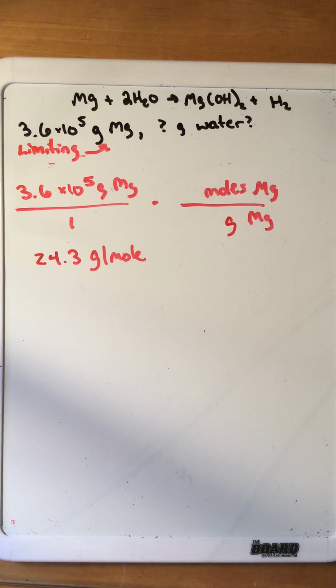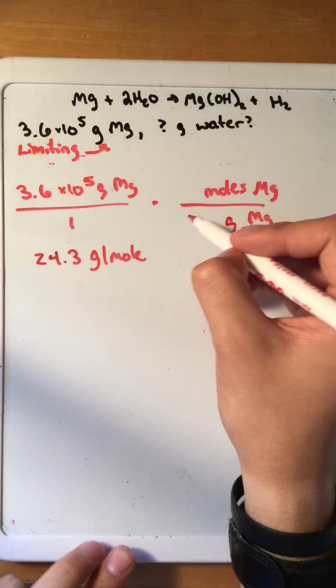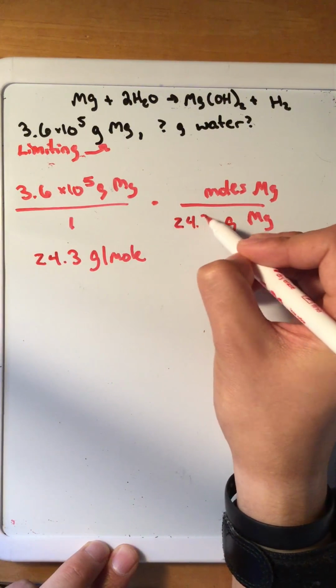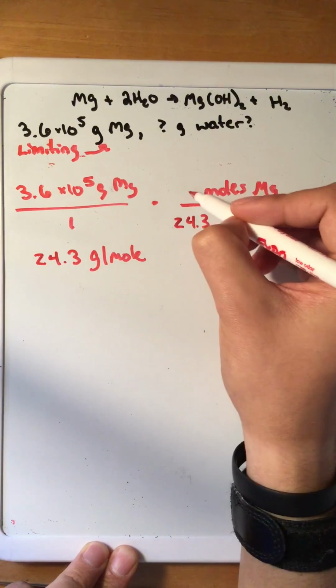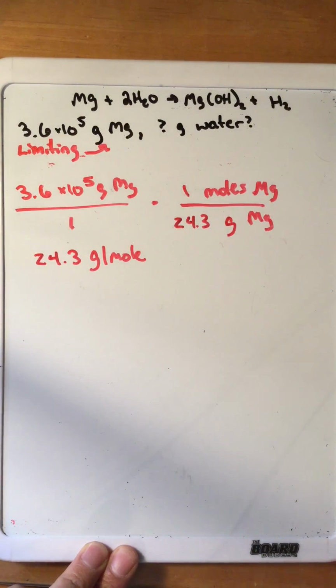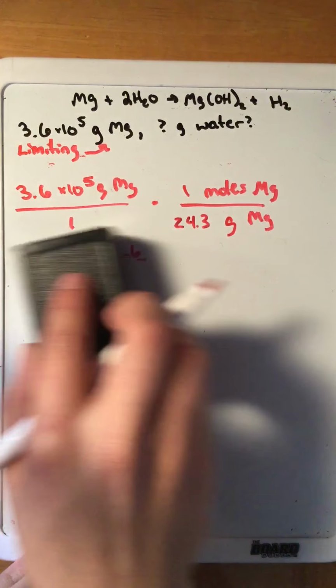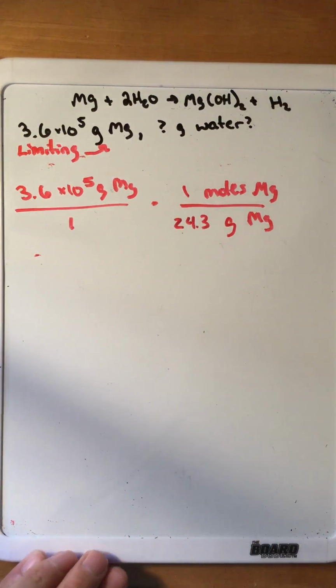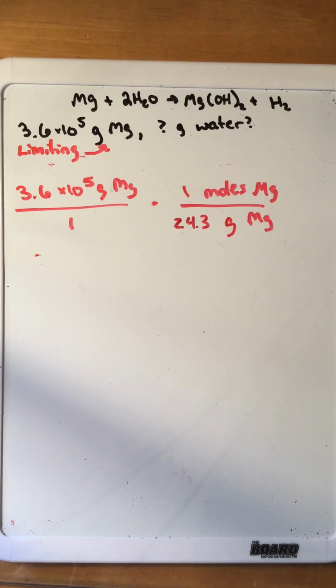Fortunately, this isn't a compound, so we don't need to add together a whole bunch of different atomic masses. We just have one to deal with. So 24.3 is what we're going to go with. 24.3, that's how many grams we need to make 1 mole of magnesium. And so we can go ahead and calculate this.